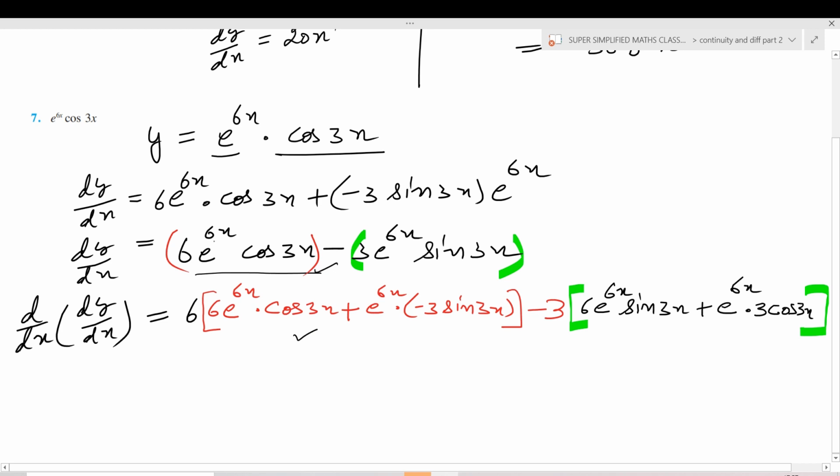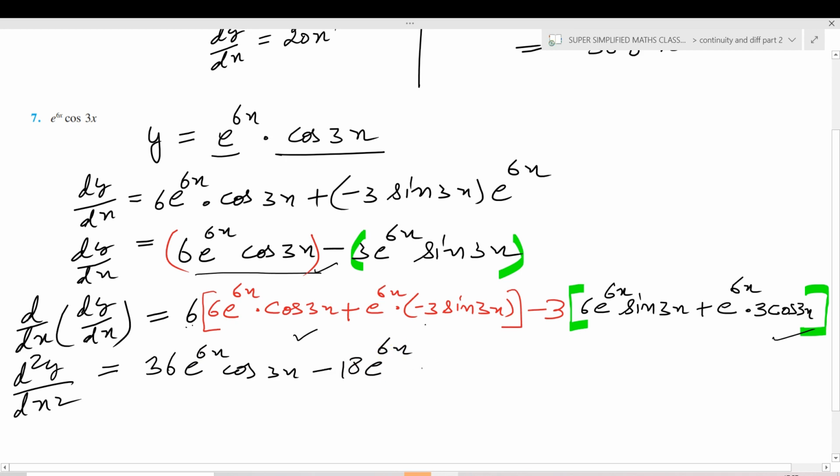Derivative of e^6x is 6e^6x into cos 3x plus e^6x and derivative of cos 3x, and similarly here we have applied the product rule. Now we can simplify and left hand side becomes d2y by dx2. So we multiply this whole bracket with 6, this becomes 36e^6x cos 3x and minus 6 multiplied by 3, 18e^6x sin 3x.